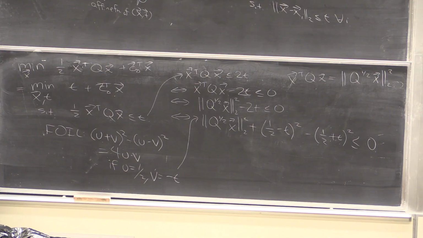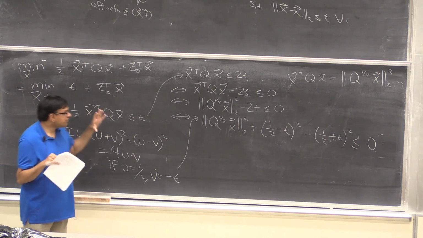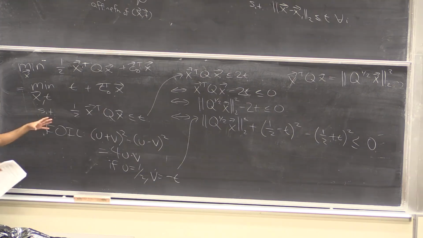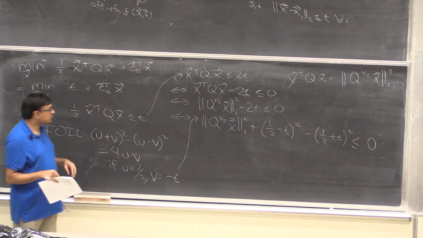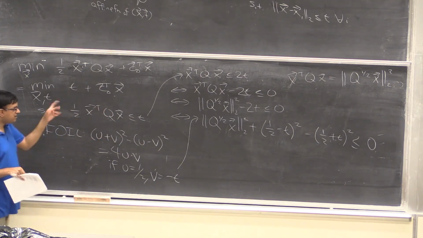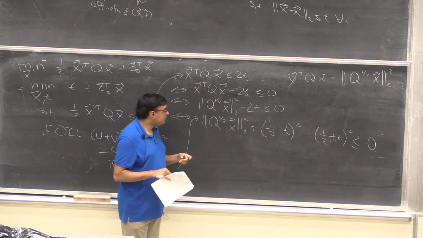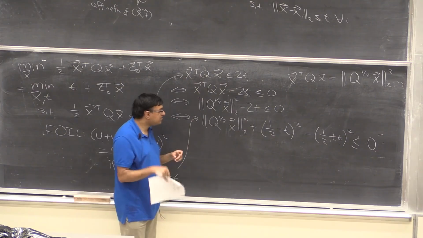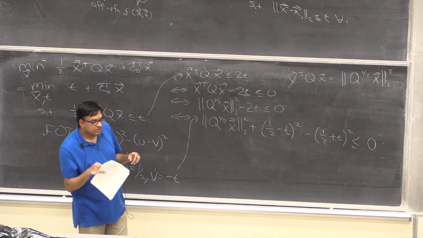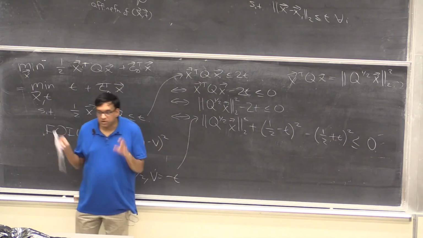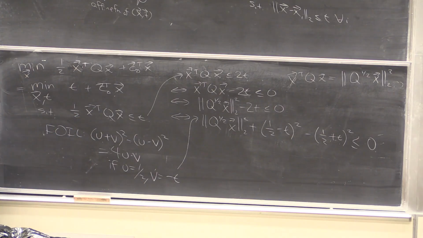Oh, that's a really good question. So the question is, why do we have to go through this whole song and dance? Why can't we just take square roots and get the two norm of square root of Q times x less than or equal to square root of 2t? That's a totally valid question, an amazing question actually.